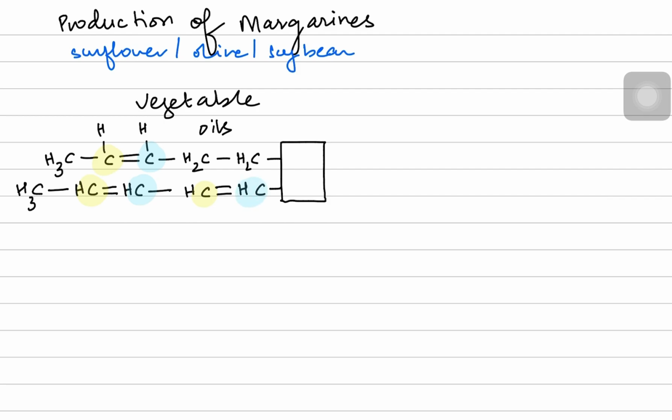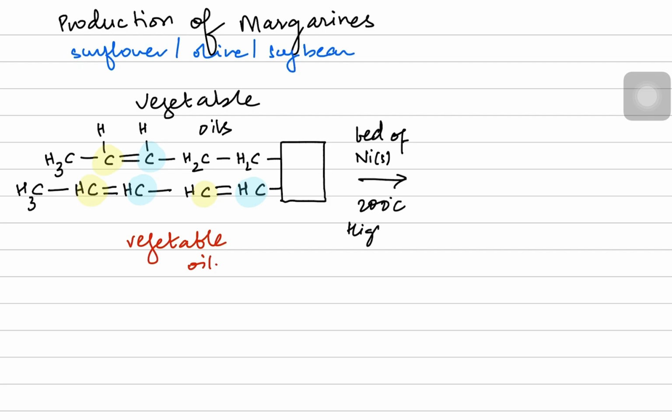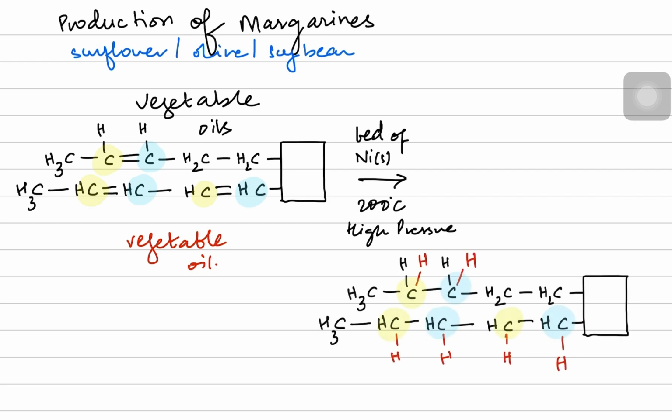This is the structure of a random vegetable oil. When you pass it through a bed of nickel catalyst at around 200 degrees Celsius and a high pressure, almost 70 atmospheres, you get a molecule of margarine, which looks like this.